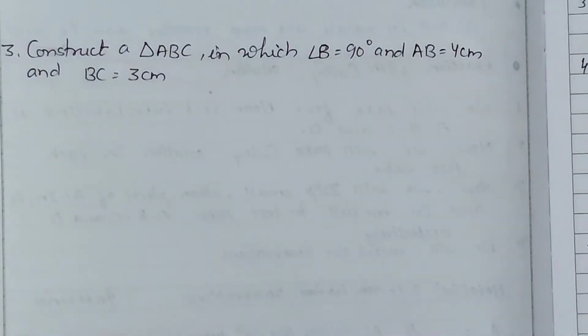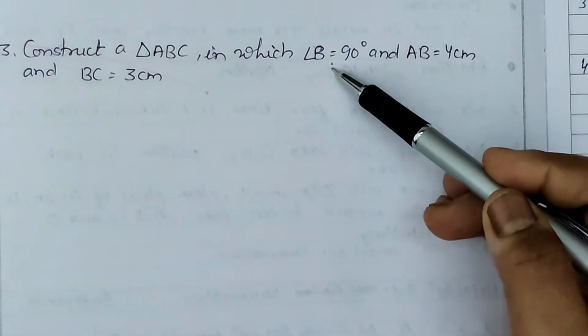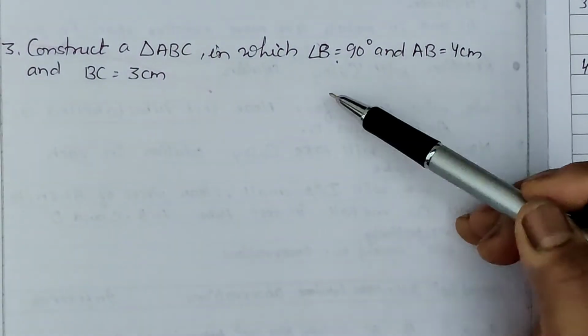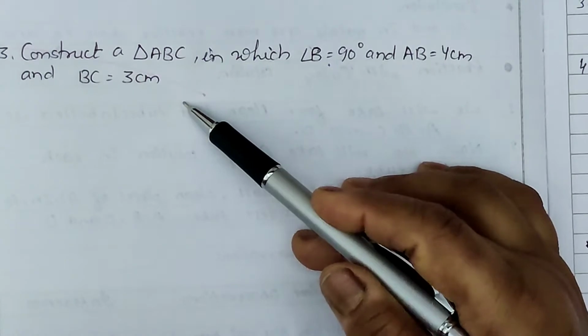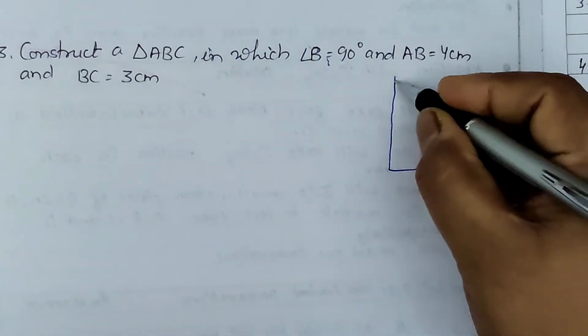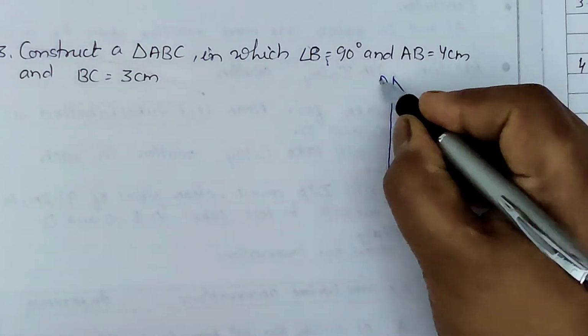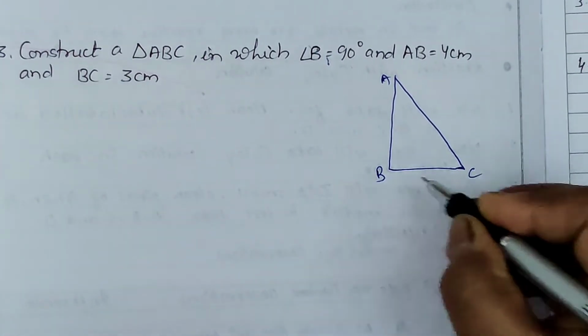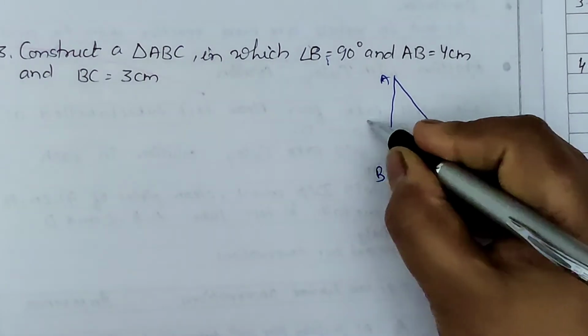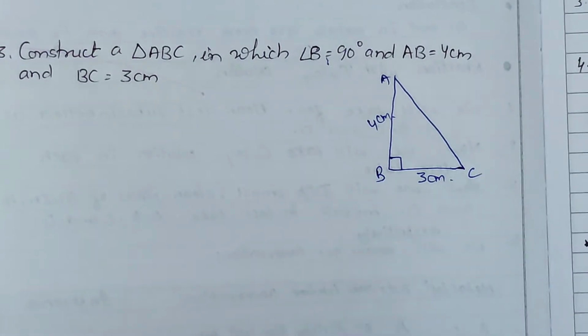Question number 3: construct a triangle ABC in which angle B equals 90 degrees, AB equals 4 centimeters, BC equals 3 centimeters. Angle B is 90 degrees, which means it is a right triangle, with AB 4 centimeters and BC 3 centimeters.